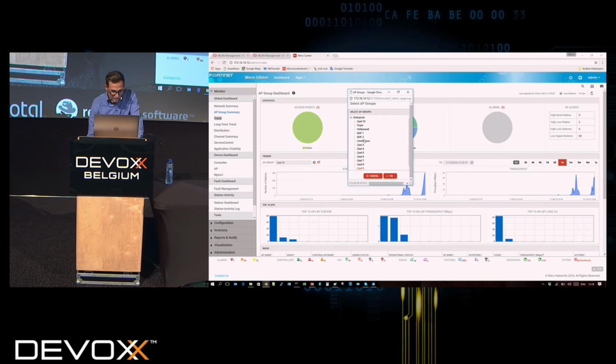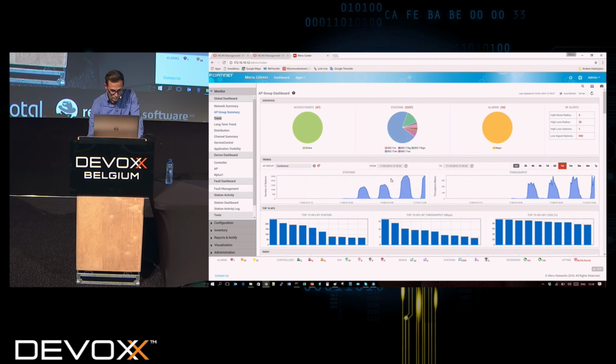So if we quickly select the conference again, you see over the last 2 days that quite a vast amount of people are connecting and not really disconnecting anymore, whereas most smartphones actually connect and disconnect automatically. So that means you guys are continuously checking your phones, or you're continuously doing something for work on your laptop, obviously.